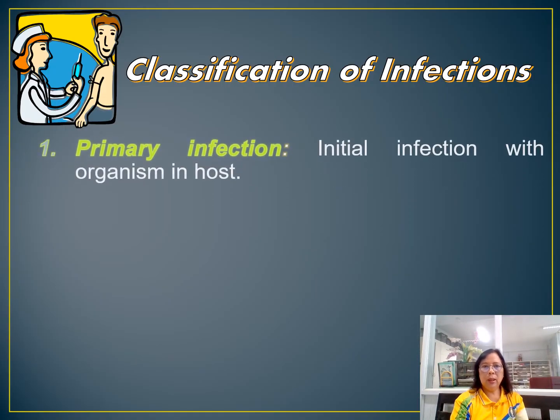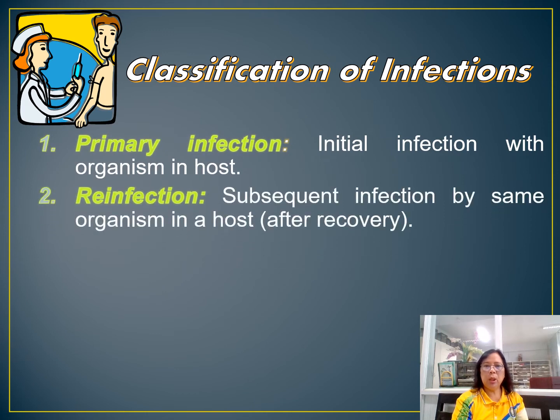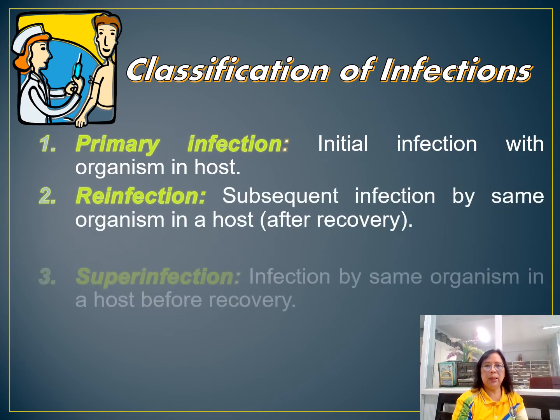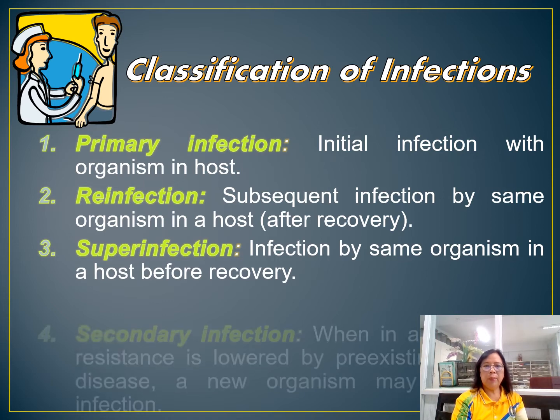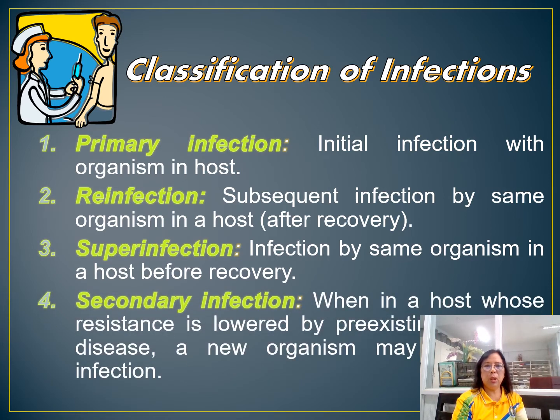And then the classification of infections comes in many ways. We have the primary infection, reinfection, superinfection, secondary infection. This is one group of classifying infection. So if we say primary infection, it refers to the initial infection of the organism in the host.